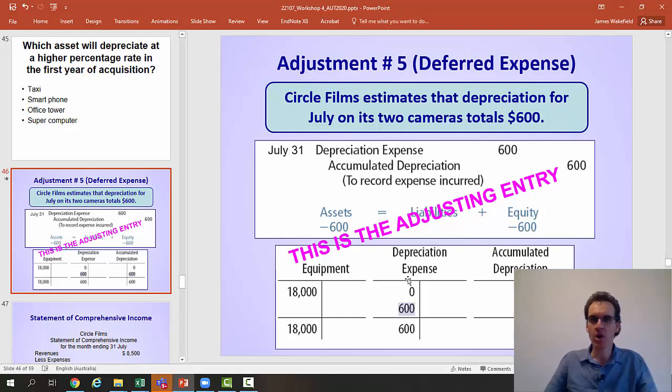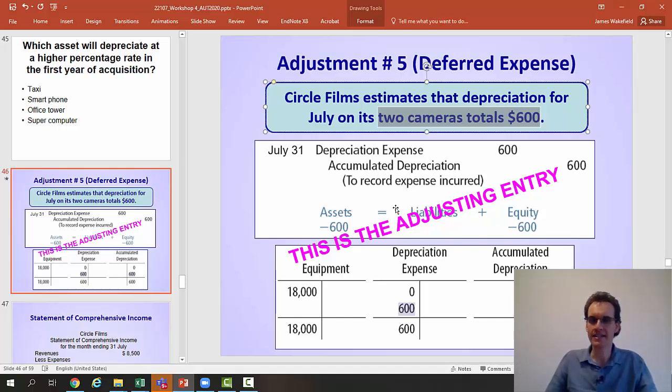So if we look at adjustment number 5, what we have here is a recognition that Circle's 2 cameras are only going to last a finite period of time. So it provides us in this case with the rate of depreciation in dollar terms for the period that we're reporting on. So it says that their 2 cameras total depreciation was $600 up to the end of the financial period.